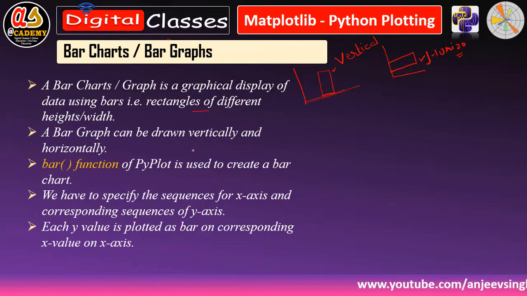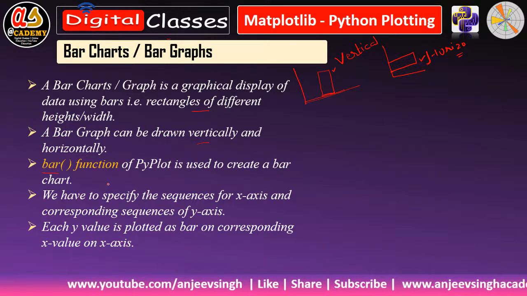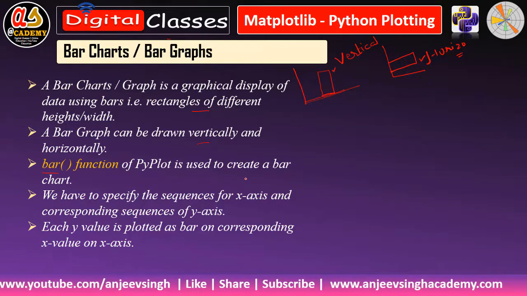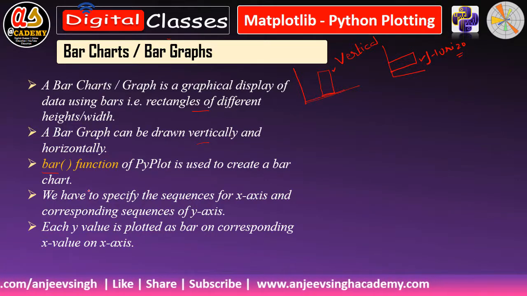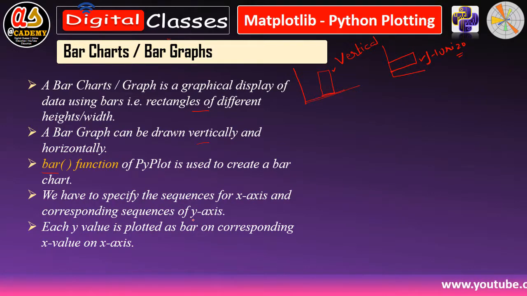A bar graph can be drawn vertically as well as horizontally, and to draw the bar graph you require the bar method of PyPlot, which is used to create a bar chart. We have to specify the sequences of the x-axis and the corresponding sequences of the y-axis.